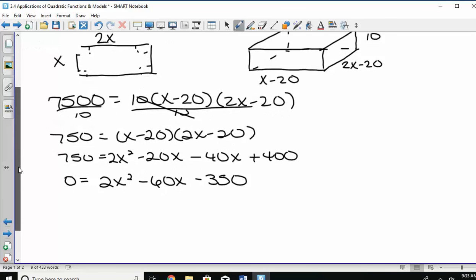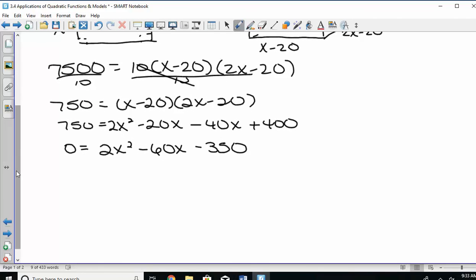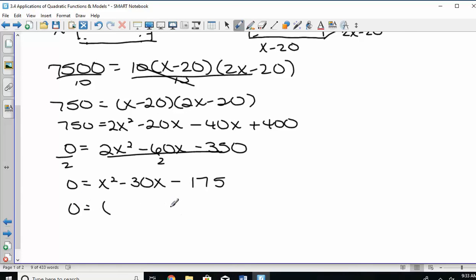What could I do before a box method on this? Divide by 2. So 350 divided by 2. Okay. Box method, we can do the shortcut now because it's a 1x.